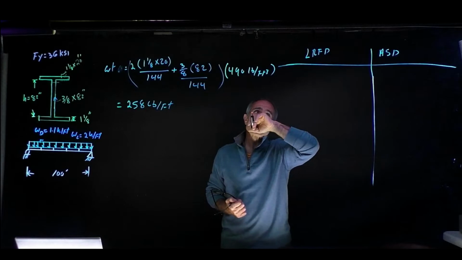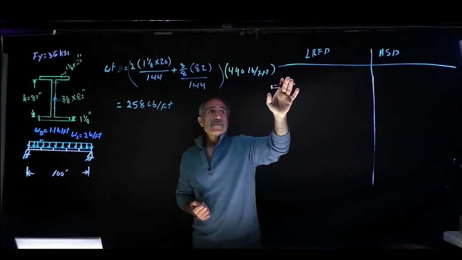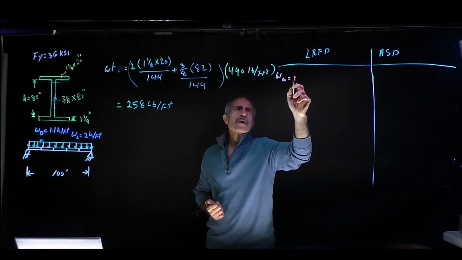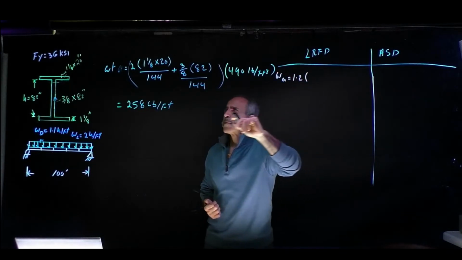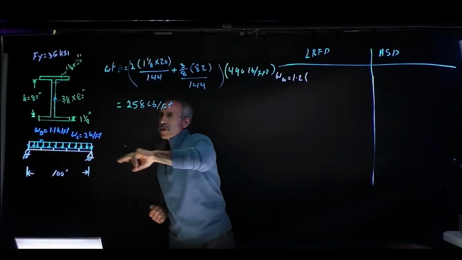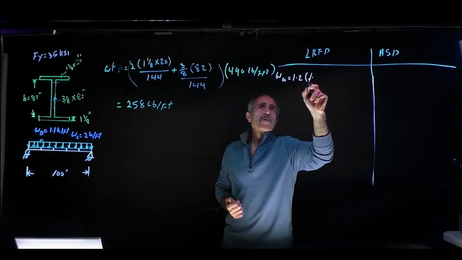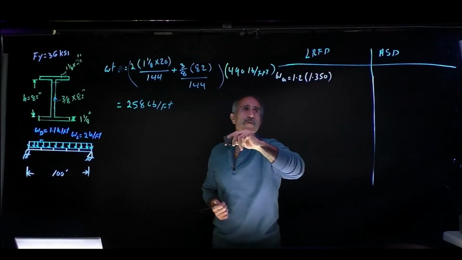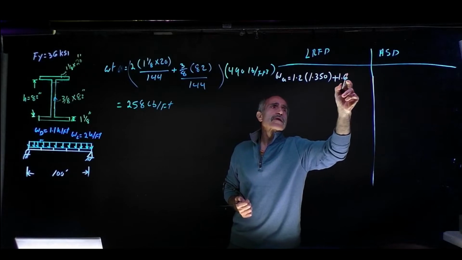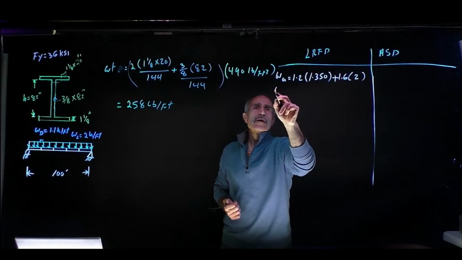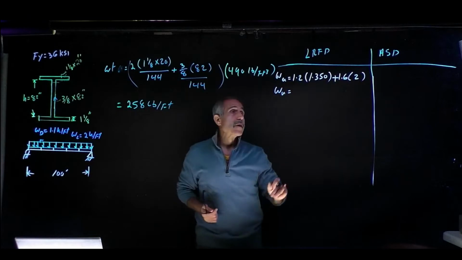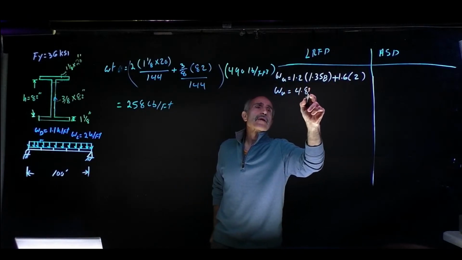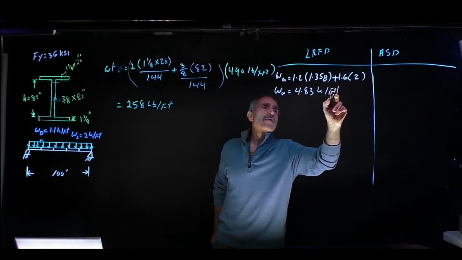Okay, so let's calculate the load both in ASD and load resistance factor design. So WU equals 1.2 times (1.1 plus 0.258, that's 1.358, including the beam weight) plus 1.6 times 2, and WU comes out to 4.83 kip per foot.